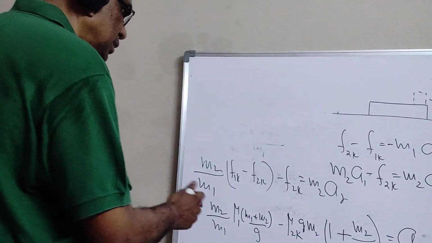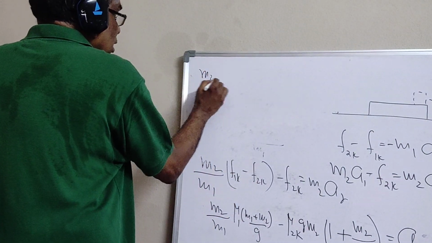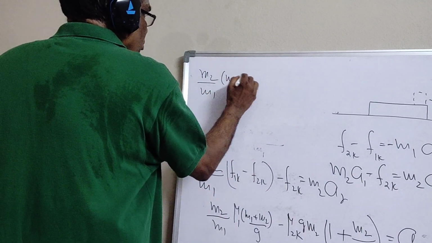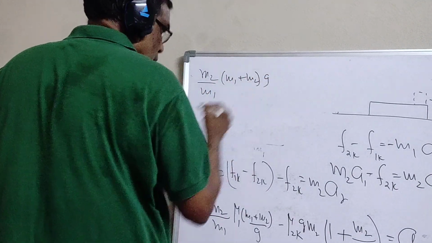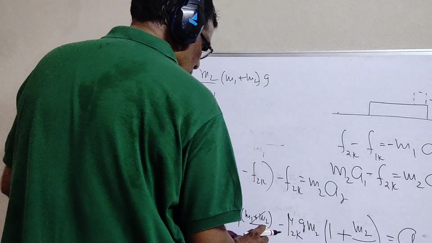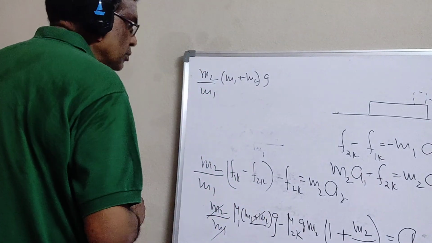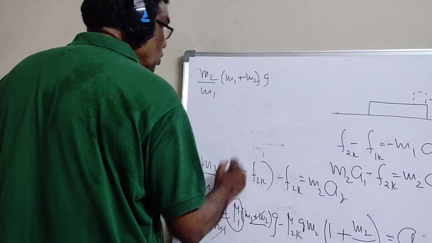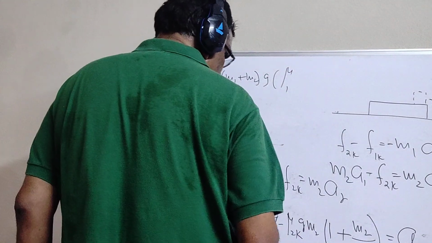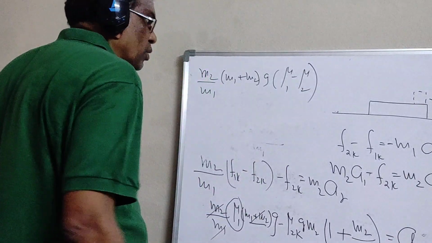So, what is still common in this? I think M2 by M1, M1 plus M2 into G. G. That will leave you with mu1 minus mu2. K, of course, that is.